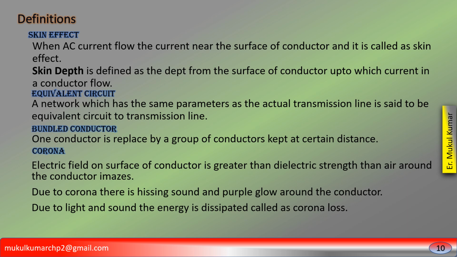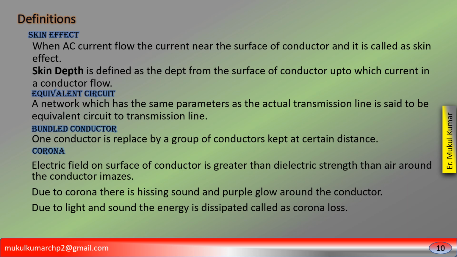And definitions. Skin effect: when AC current flows near the surface of the conductor, it is called skin effect. Skin depth is defined as the depth from the surface of the conductor up to which current in a conductor flows.